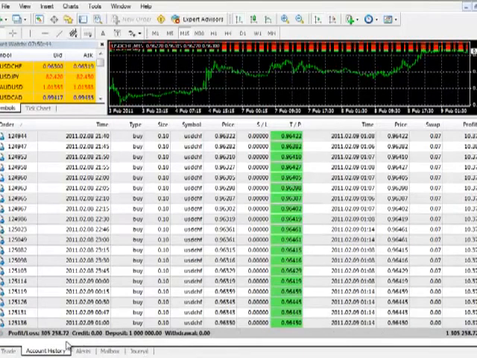So the deposit was $1 million, 0 withdrawals, 0 credits, so they haven't added any money since that initial deposit. And profit loss, they call that P&L. The profit is $305,000 and change on $1 million deposit.